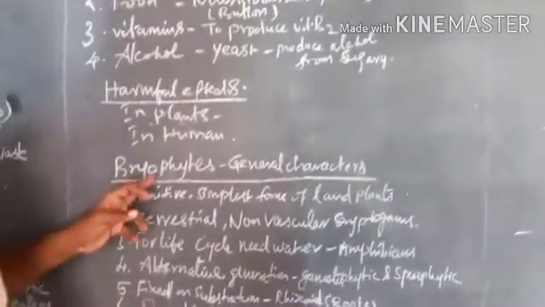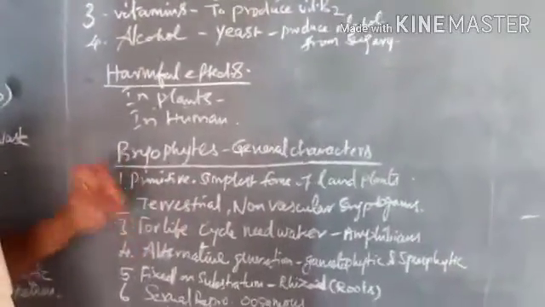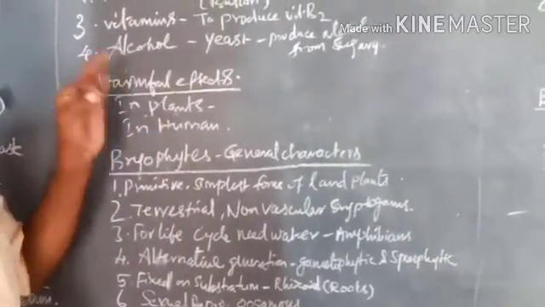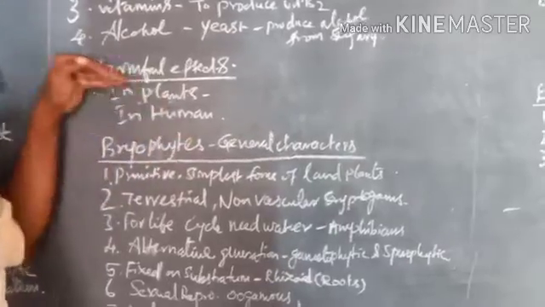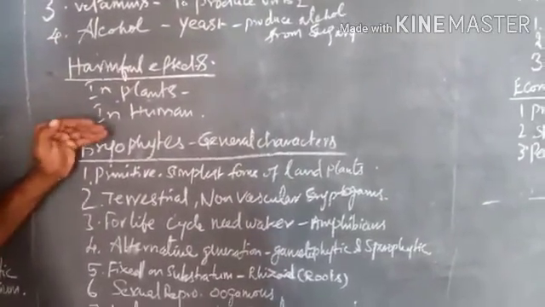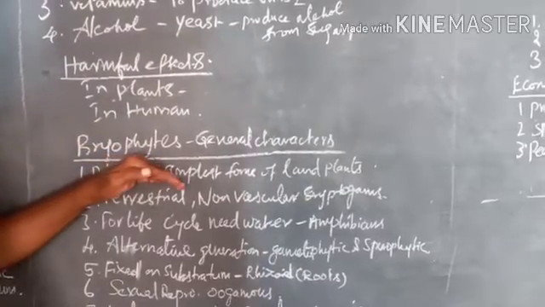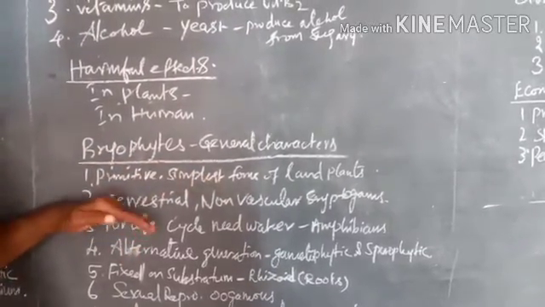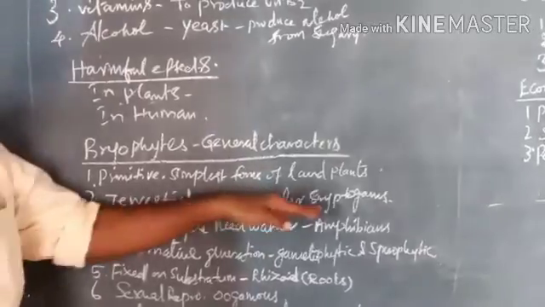Next one is the bryophytes. What are bryophytes? These are the first simplest land plants. Before that, all plants were aquatic in nature, but the bryophyte is the first primitive form of land plants. These are terrestrial non-vascular cryptogams.